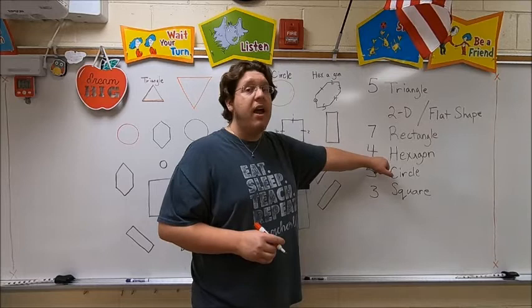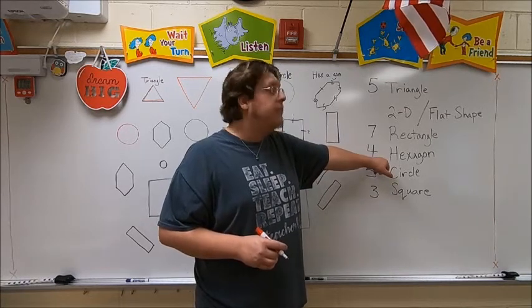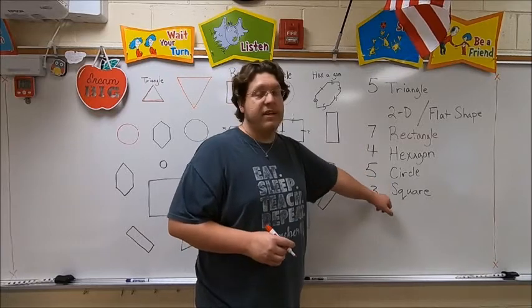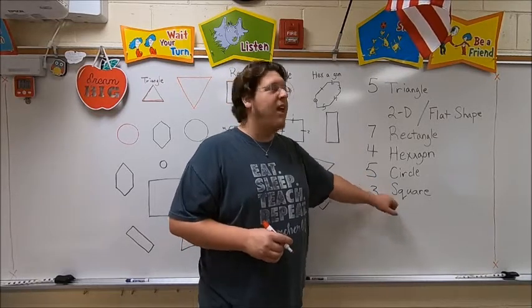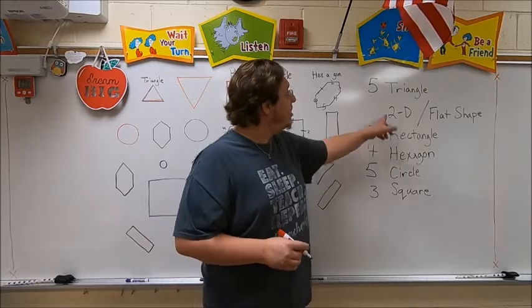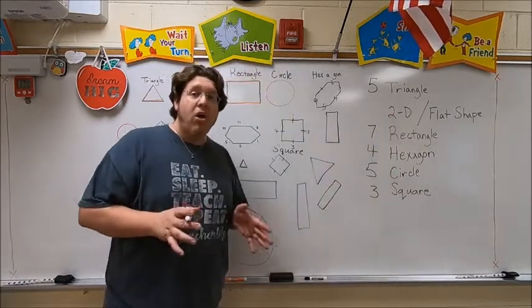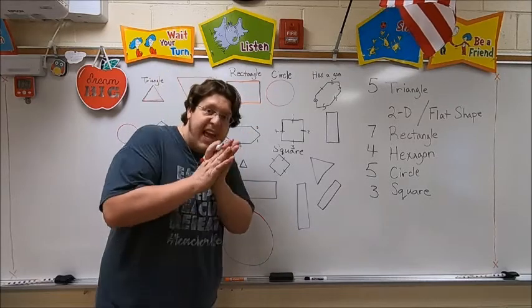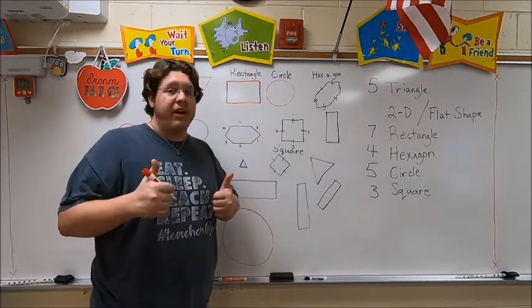Is a hexagon a 2D shape? How about a circle? How about a square? If you said that a square, circle, hexagon, or triangle are all 2-dimensional 2D shapes that we call flat shapes, then you got it correct.